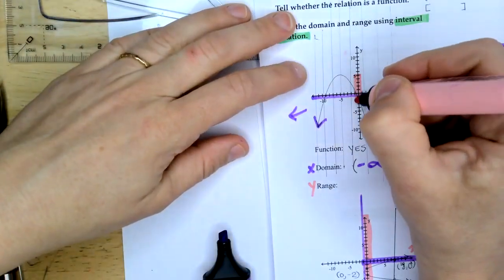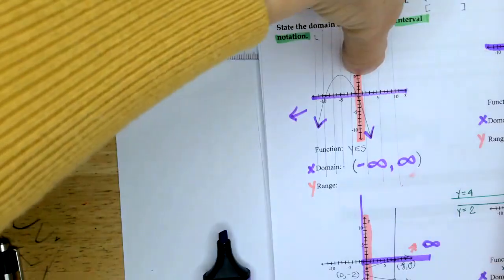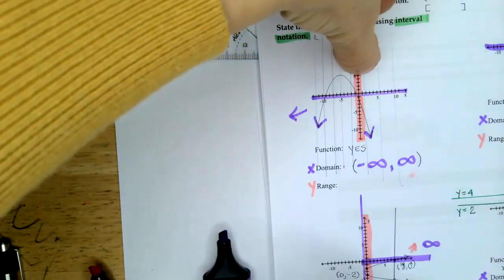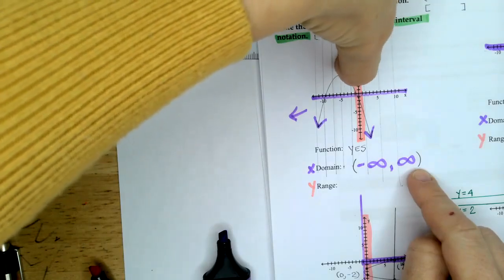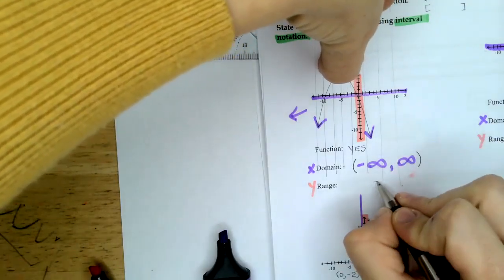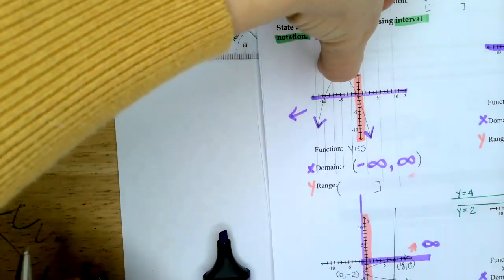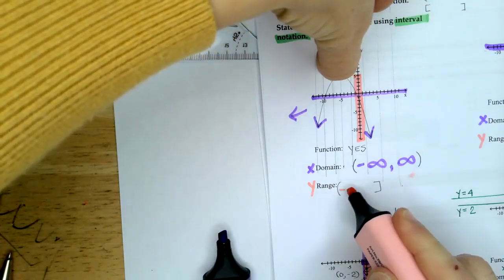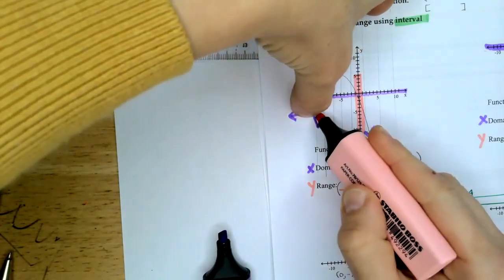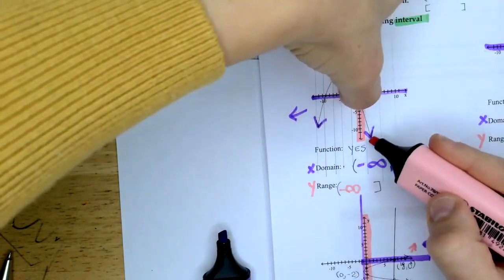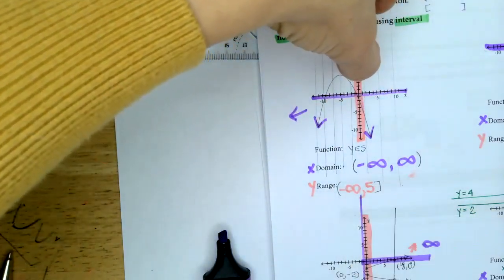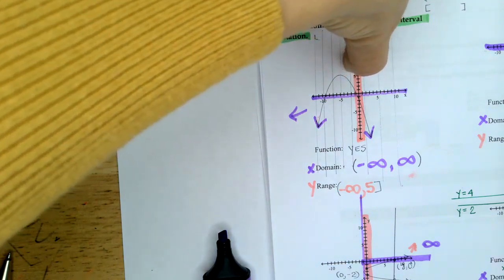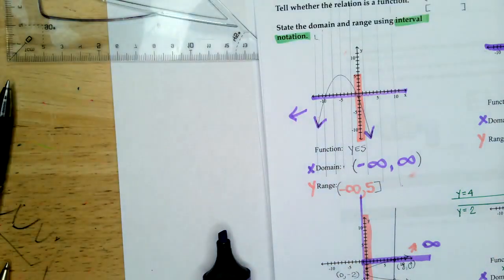The story for y is that from 5 and below, it's not negative infinity to infinity on the y because it never goes above y equals 5. So we can start at negative infinity because that arrow is going towards negative infinity on the y, but it's going to end at positive 5 and never go above positive 5.